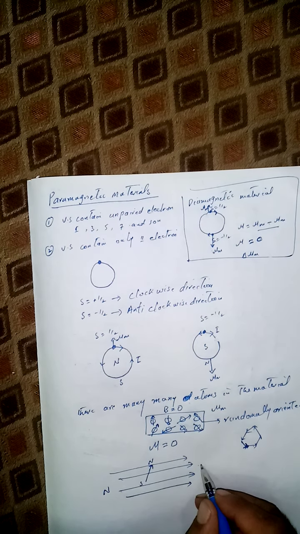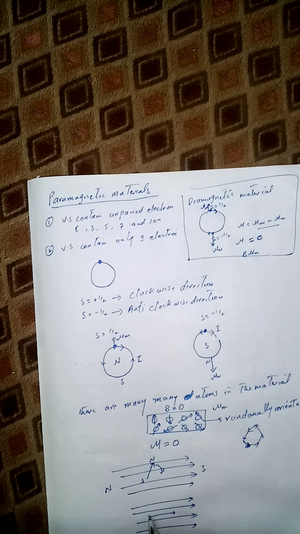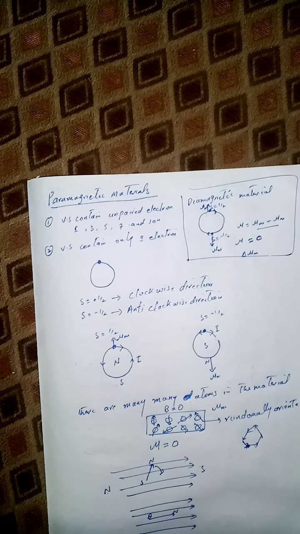Now the north pole and south pole attract each other. Similarly, the south pole of the dipole attracts the north pole of the external magnetic field. So as a result, the dipole moment rotates itself and aligns in the external magnetic field, so the dipole moment aligns itself in the direction of the magnetic field.